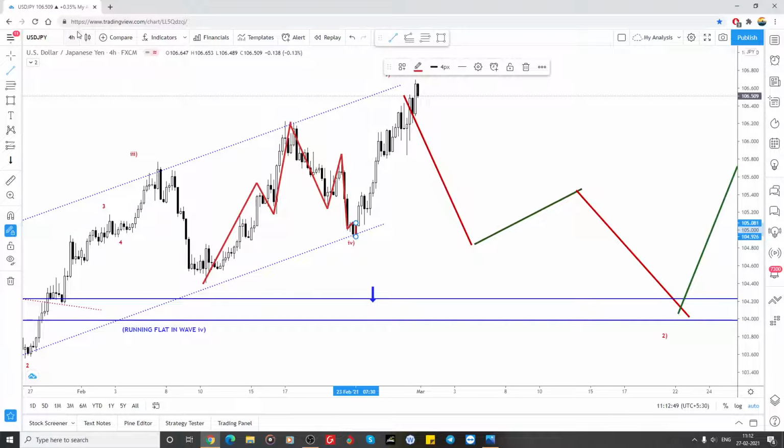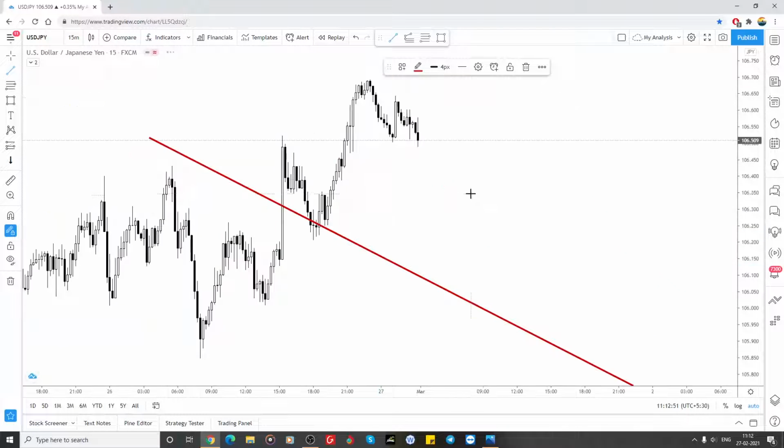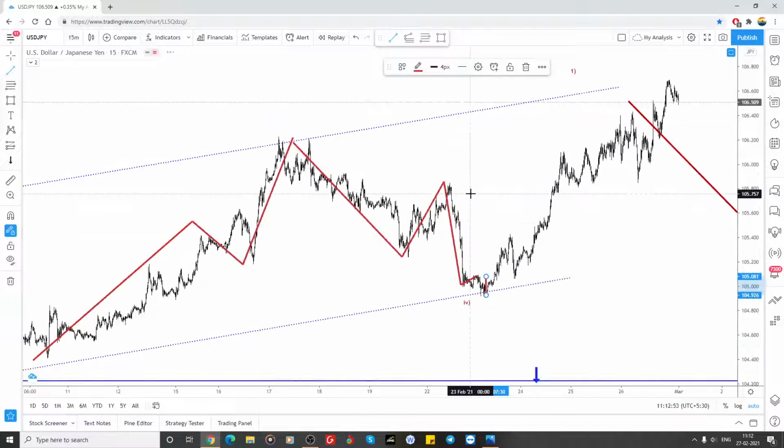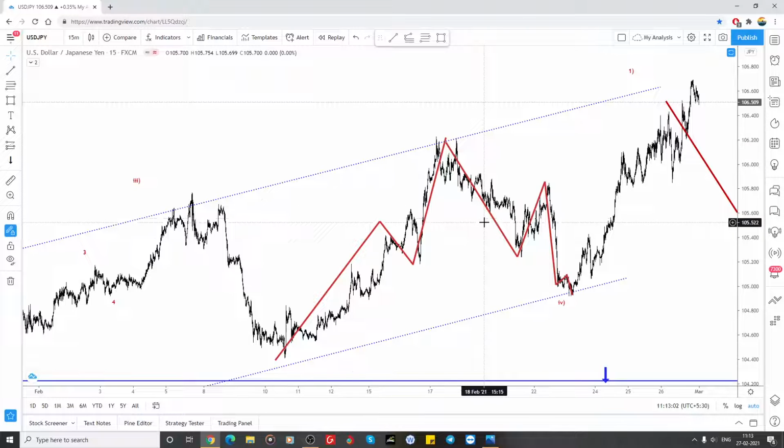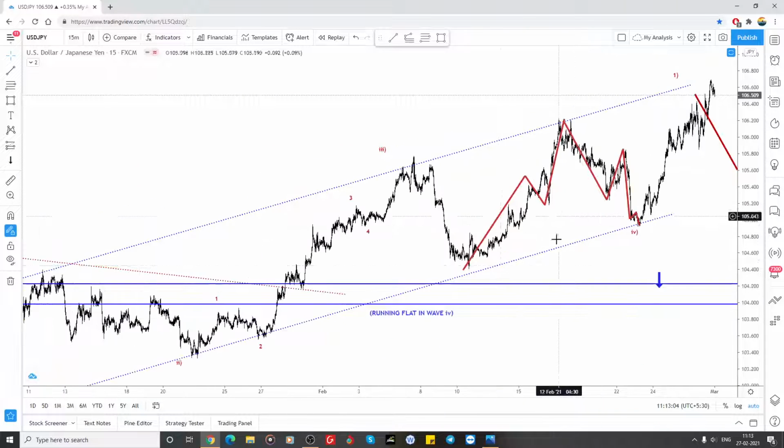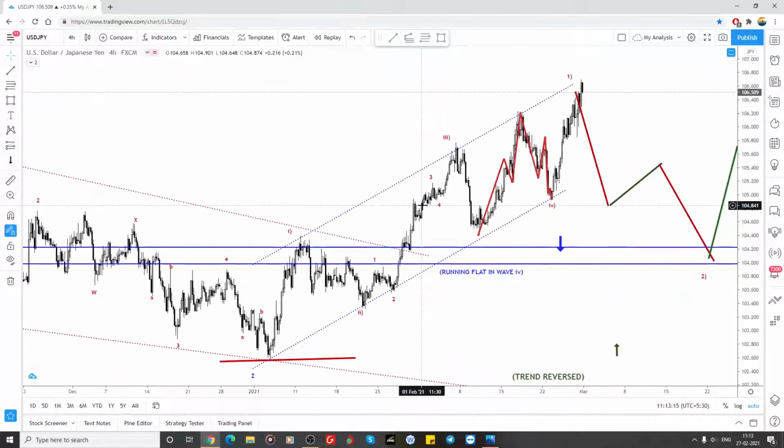Yeah, I actually looked at that 15-minute chart. See, 1, 2, 3, 4 and 5. So I took it this way. See here, if we make this a B, 1, 2, 3, 4, 5, whatever it is, it looks different in 15 minutes and different in 4 hours, right?